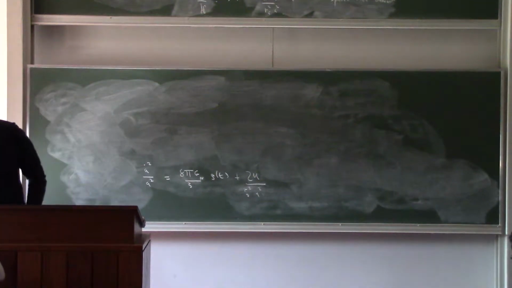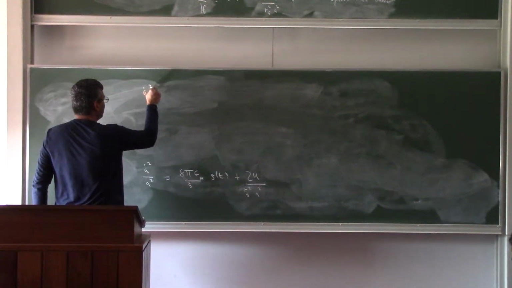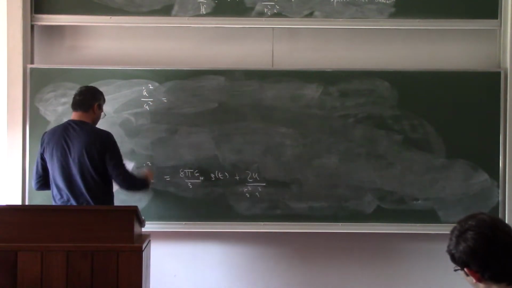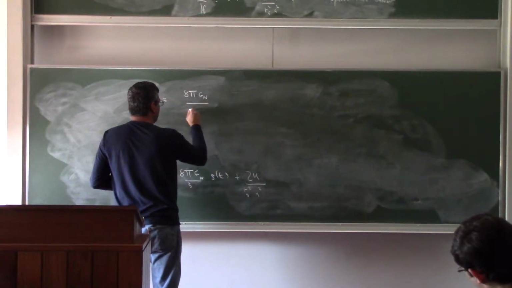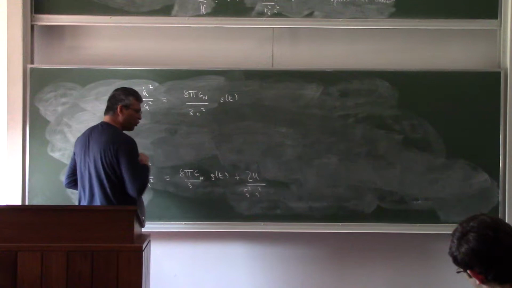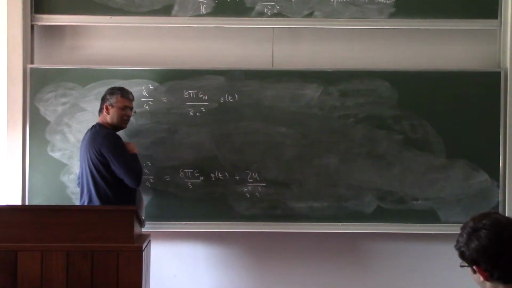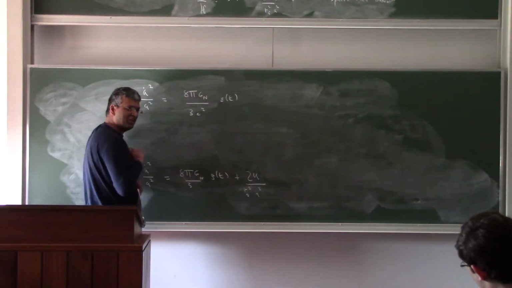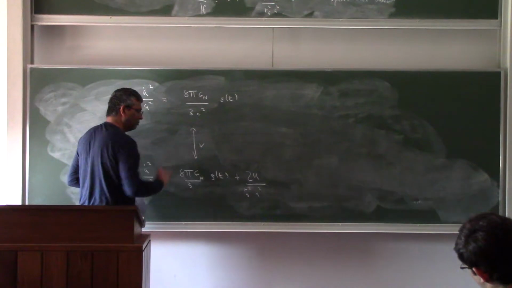And the real equation is going to be a dot squared over a squared equals 8 pi G Newton over 3c squared epsilon. The first term is correct. You just multiply and divide by c squared. Rho c squared is the energy density, so this term matches.